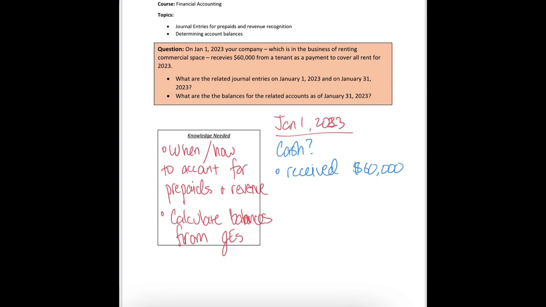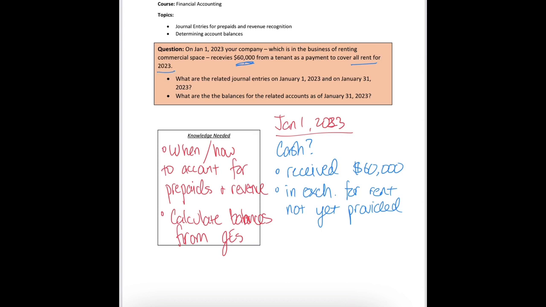Well, I know I received it in exchange for rent, but the important part here is I know it's in exchange for rent that I haven't yet provided. Right? So as we see here, I know I got $60,000, but I also know it's to cover rent that covers all of 2023.